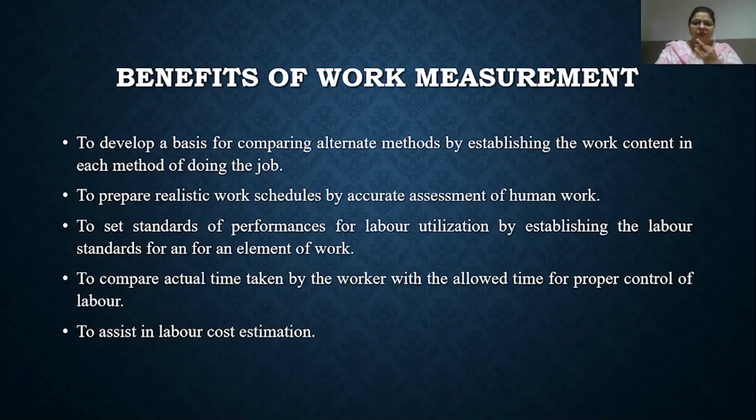If the first is not working properly, we have to apply another method. So we always have alternate solutions to solve production delay. Next one is to prepare realistic work schedules by accurate assessment of human work.